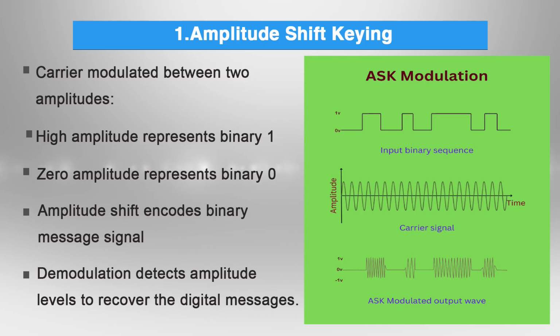High amplitude represents binary 1. Similarly, zero amplitude represents binary 0. Amplitude shift encodes the binary message signal. Demodulation detects amplitude levels to recover the digital messages.